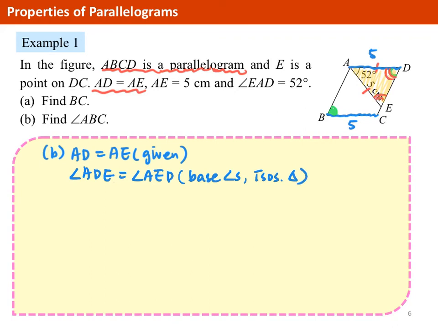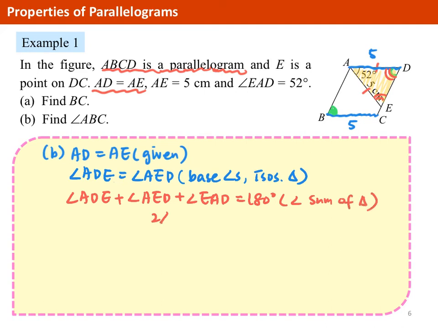Using angle sum of triangle AED, we have angle ADE plus angle AED plus angle EAD equals 180 degrees. Angle sum of triangle.